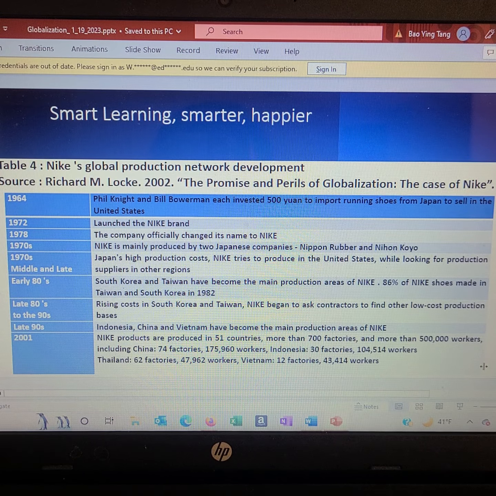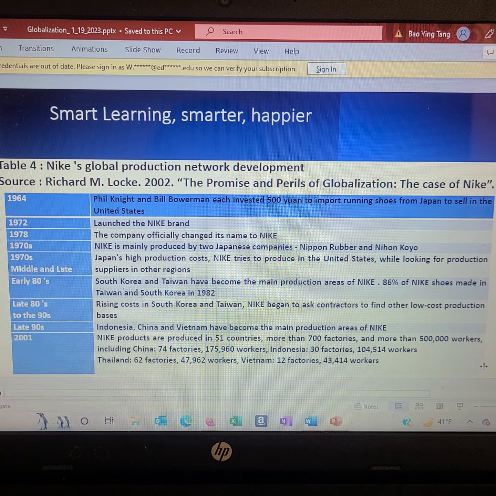In Indonesia, it has 30 factories and 104,514 workers.